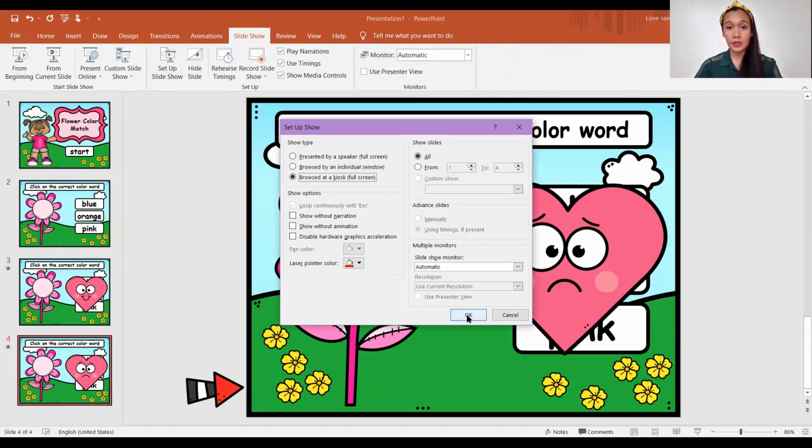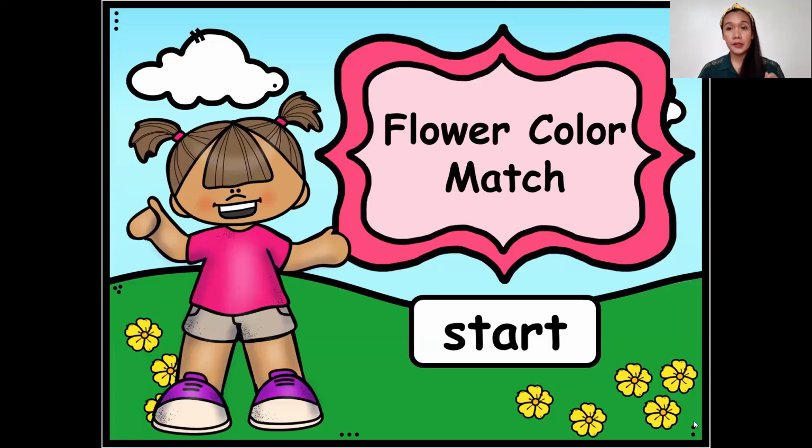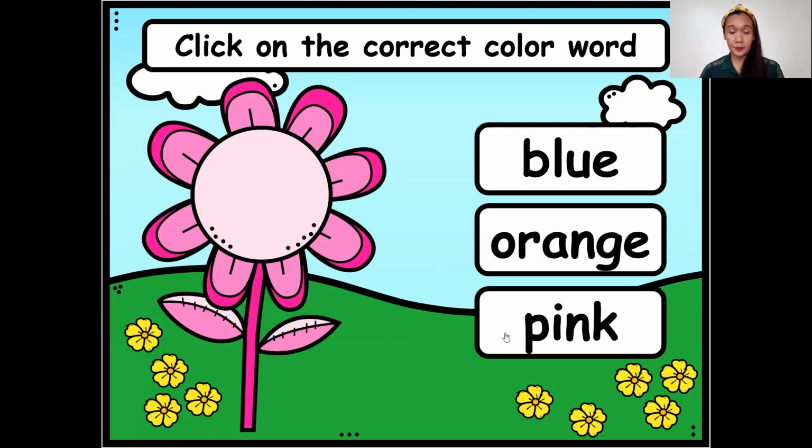This one. Click OK. So what will happen after we click on that? If the kids click on the sides, it will not go to the other presentation slide. But if you click only on the start button with the hyperlink, that's the only time our presentation will direct us to the next slide.